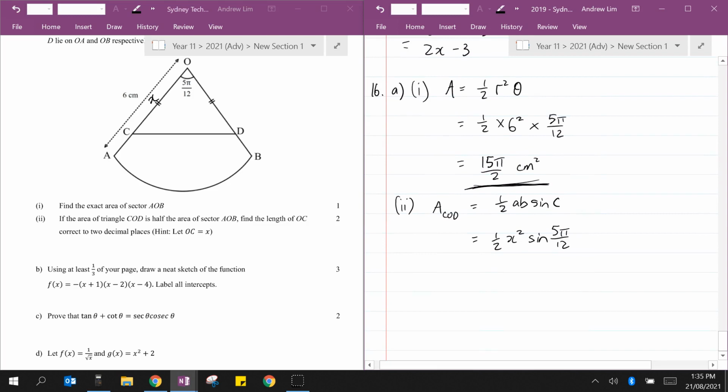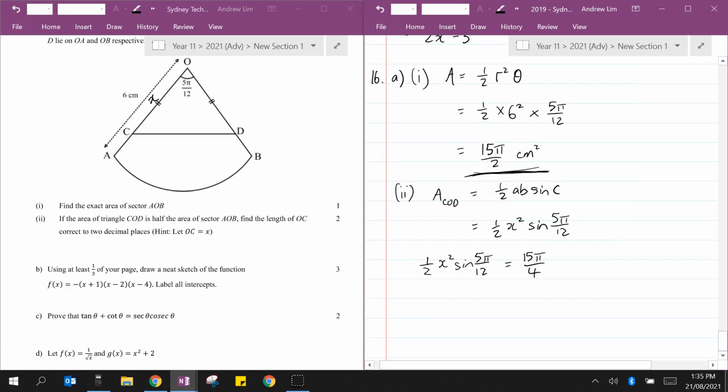So we need to work out the length of OC. So if half of x squared sine 5 pi on 12 is equal to half of this, well, half of that is 15 pi on 4. Let's see what x squared is equal to. So I'm going to get rid of that half.